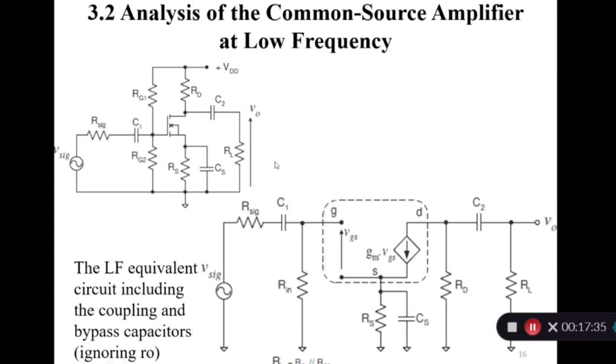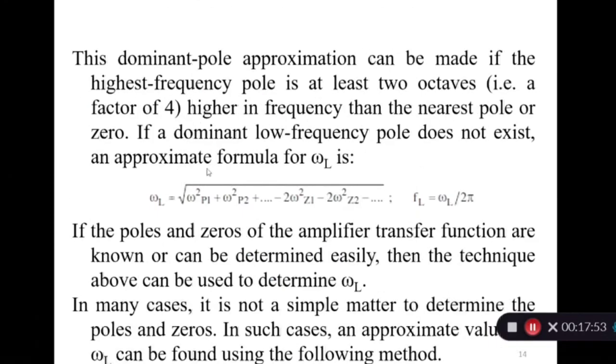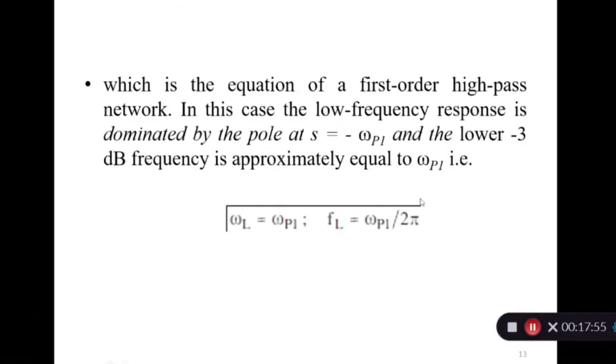There are 3 capacitances, so we get 3 omega p. Then we have to use the formula according to whether one is the effective pole or all the poles are effective. According to that, we have to use this one or we have to use this one.